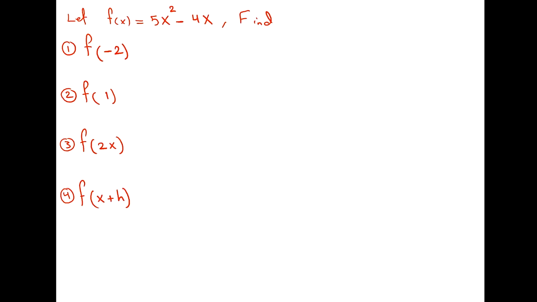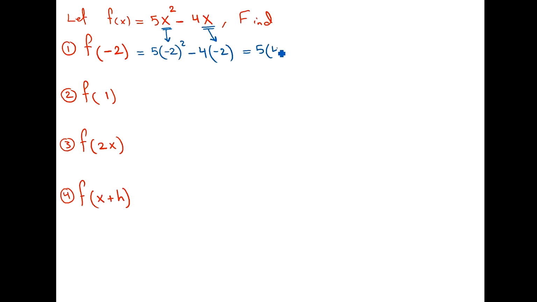Okay, the first one, we need to find f(-2). The solution: replace the value of x with -2. So we have 5 multiplied by (-2) squared. Look at this, this is x, replaced with -2. And -4 multiplied by -2. So we have 5 multiplied by 4, the (-2) squared, 4. Then -4 times -2 gives +8.